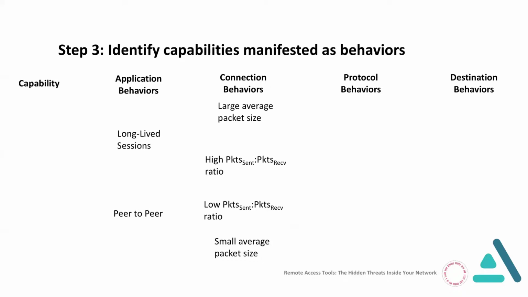So a step down, you're thinking about individual connections within the traffic associated with some remote access tool. So you could have different size packets, right? You could have large or small. And it's, what's the most common thing, right? And of course you can have high or low or even packet ratios in terms of sent to received.